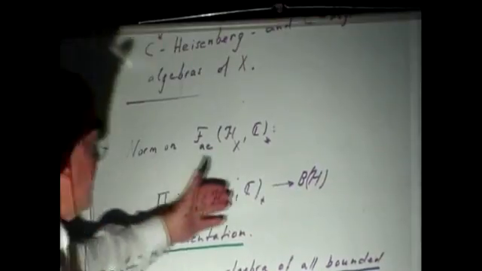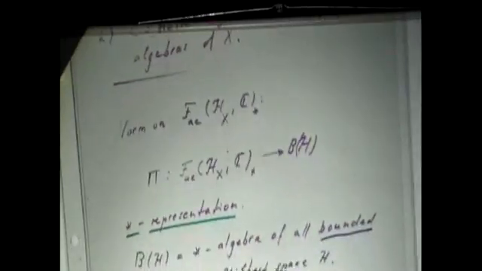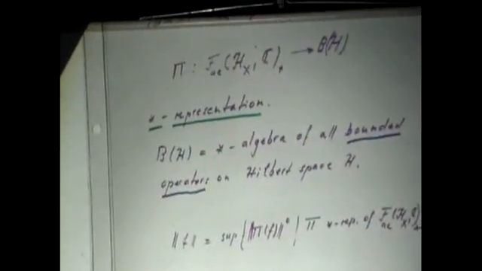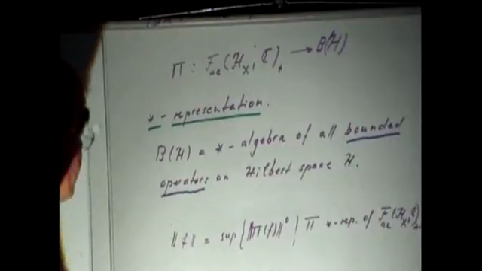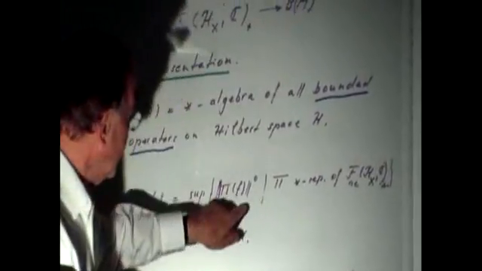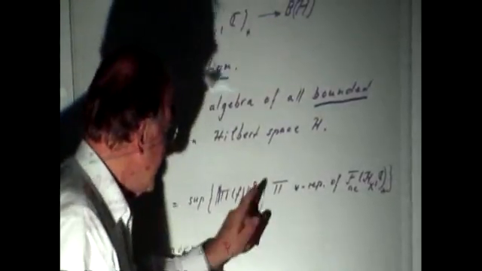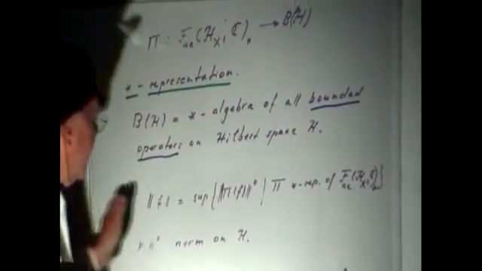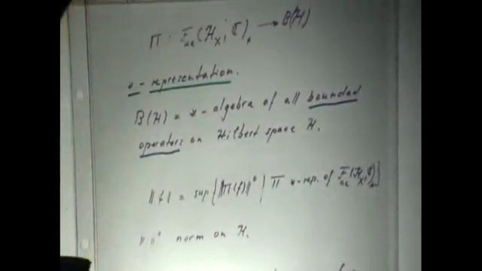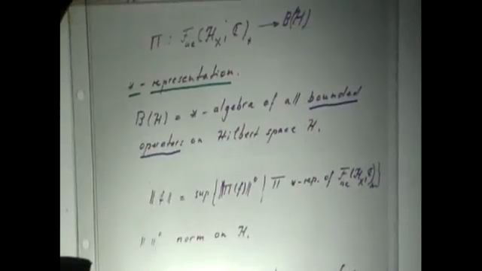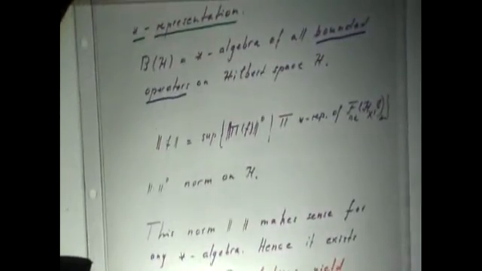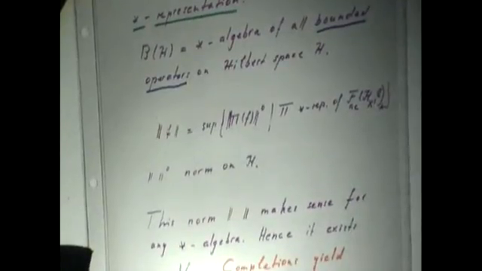One looks at representations into the bounded operators of the given Hilbert space, and then one takes the norm of the bounded operator, and then one takes the supremum that exists, and that's then the norm. That's a well-known norm. That makes the matter rather convenient.